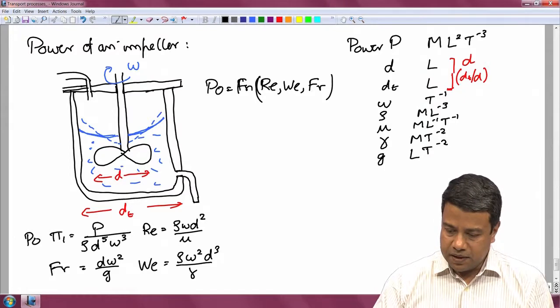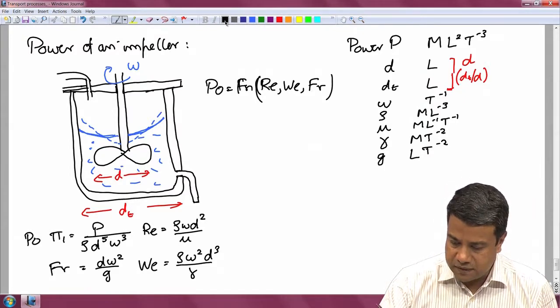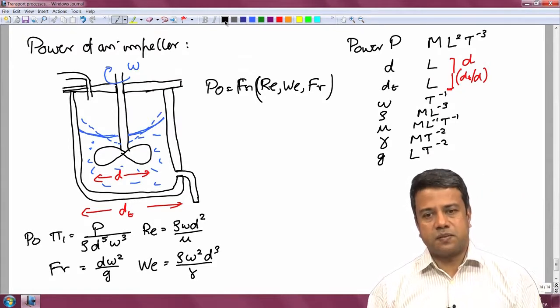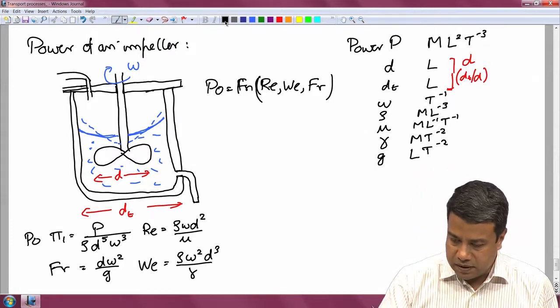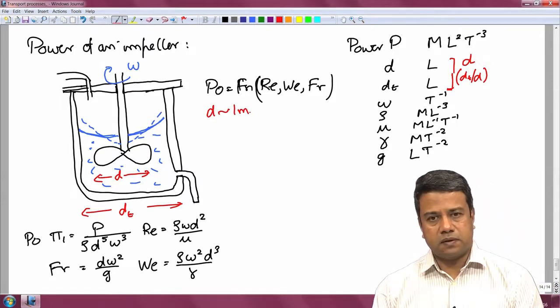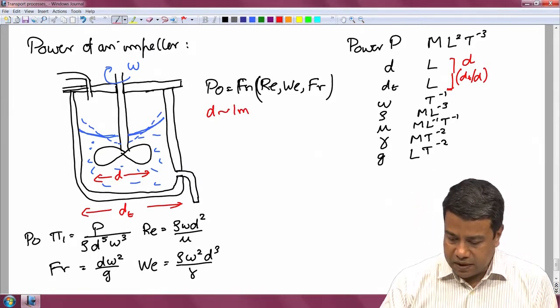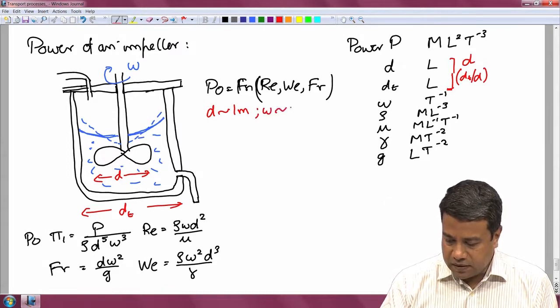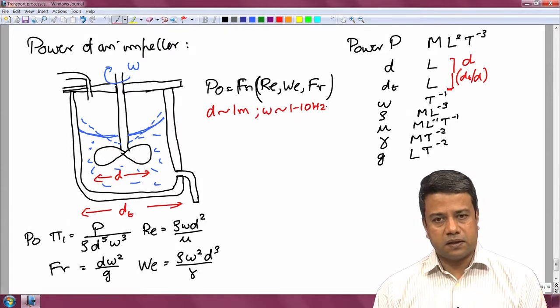Typically a tank like this, if it were used in an industrial process, would have a diameter of the order of a meter or so. It would have an angular frequency of the order of 1 to 10 hertz.